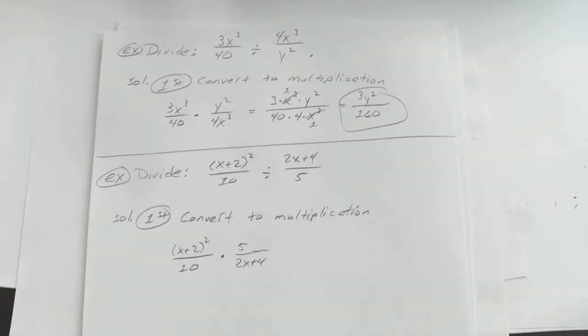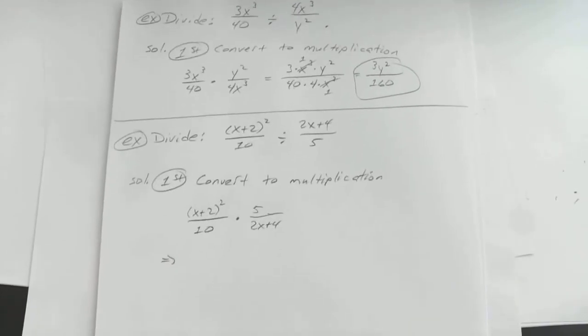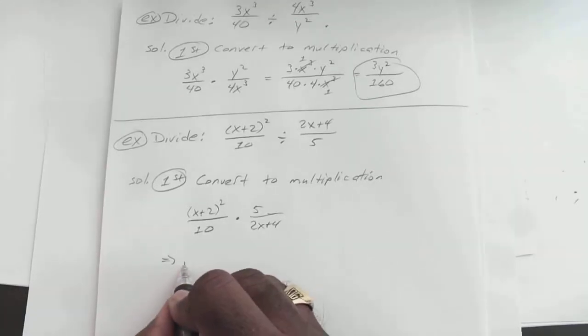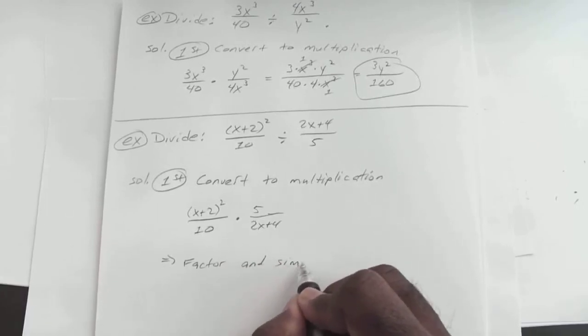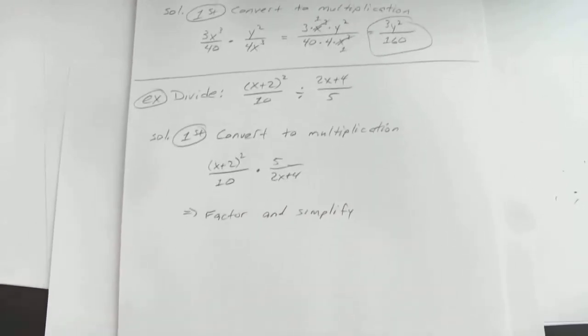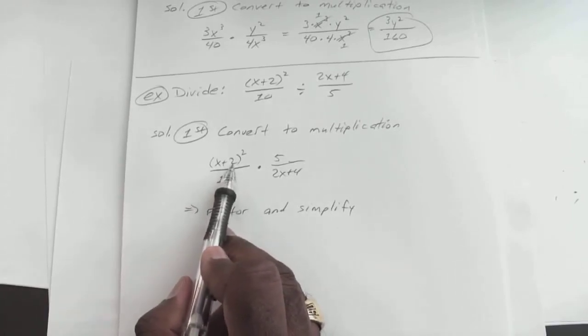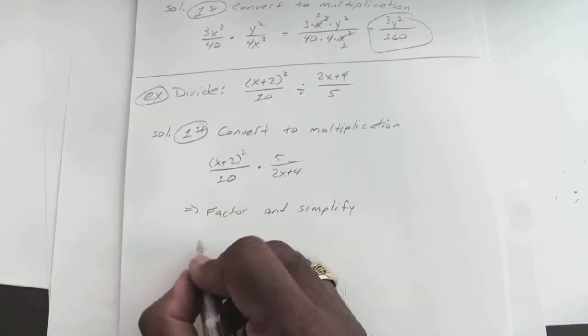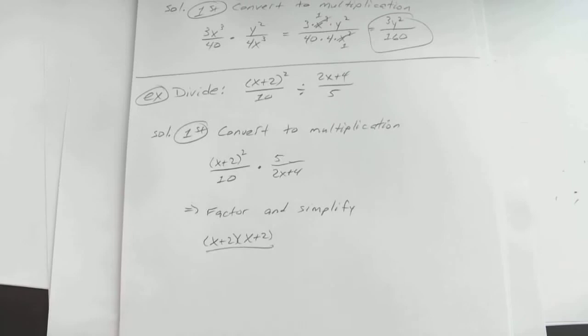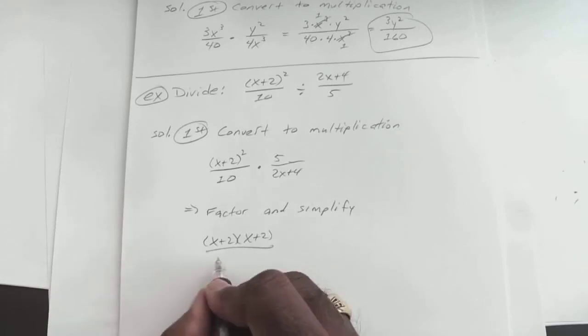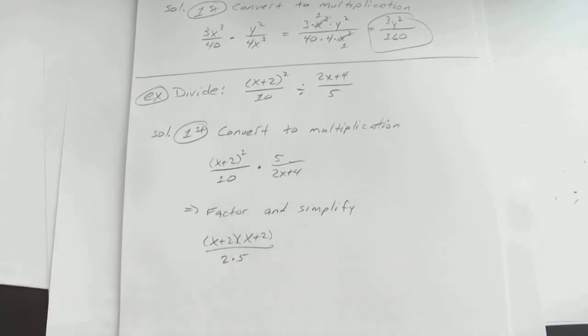Now we just have to factor and simplify. x plus 2 squared is just x plus 2 times x plus 2 over 10, which we can make 2 times 5, times 5.